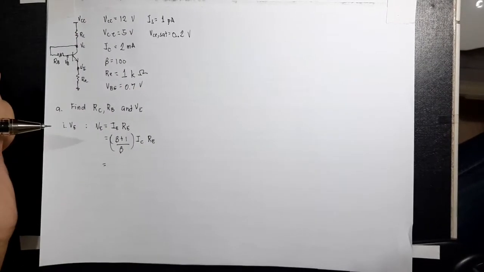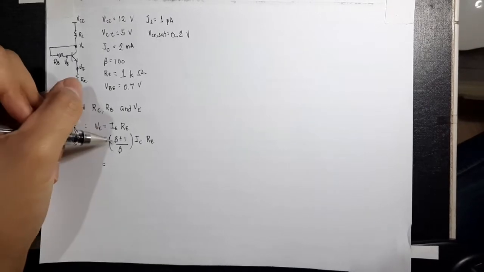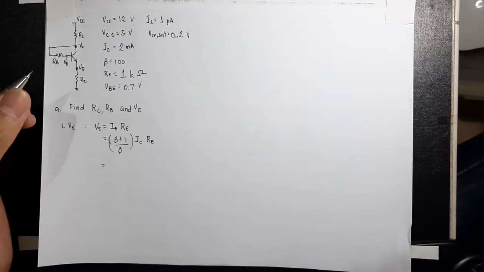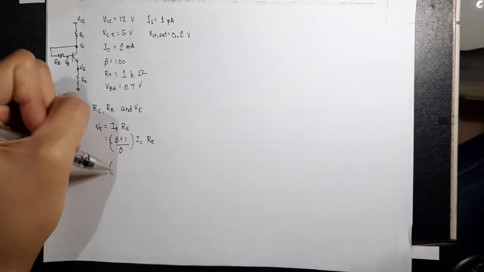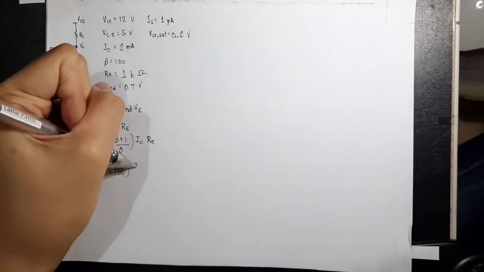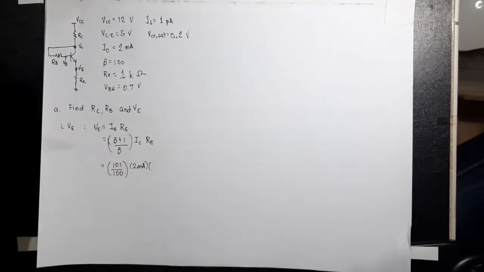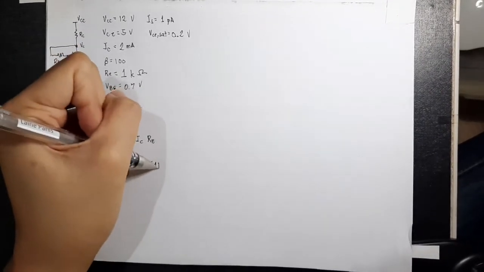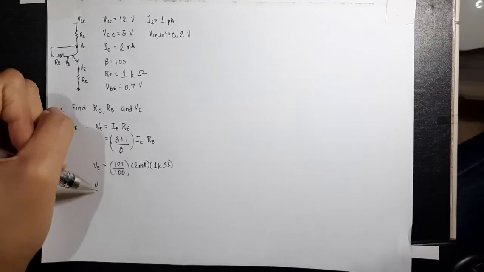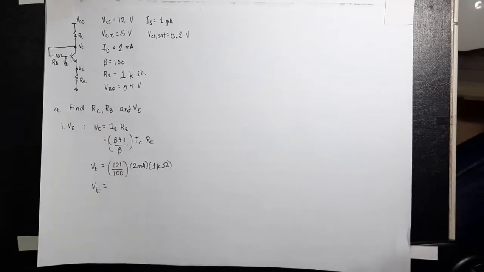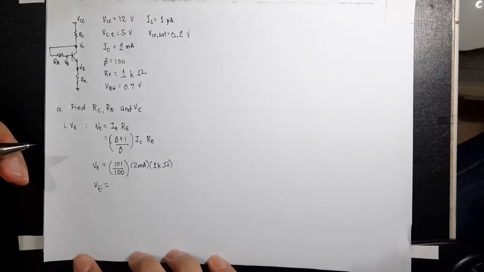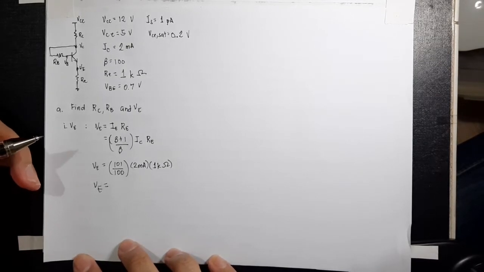So since we have the values for beta, IC, and RE, we can compute the value of VE. So this is 101 over 100 times IC of 2 milliamps, and RE equals 1 kilo ohm. So VE therefore is 2.02 volts.